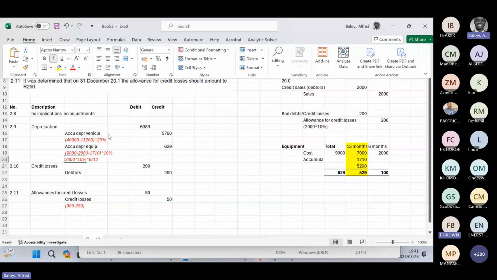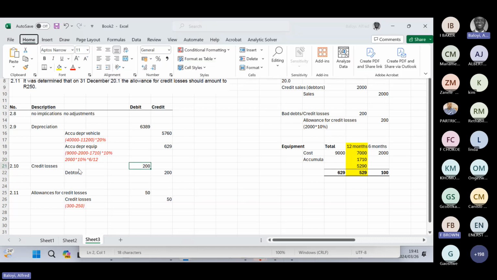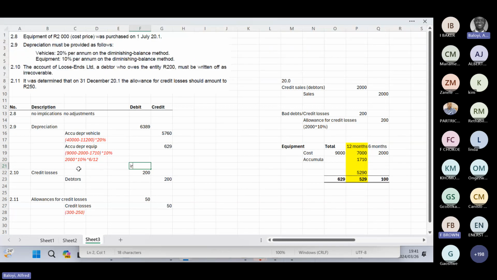I hope this clarifies because when you calculate it like this, you start with the depreciation for the new equipment for 6 months. It will give you 100, right? And then this one will give you 529. Calculate it separately.